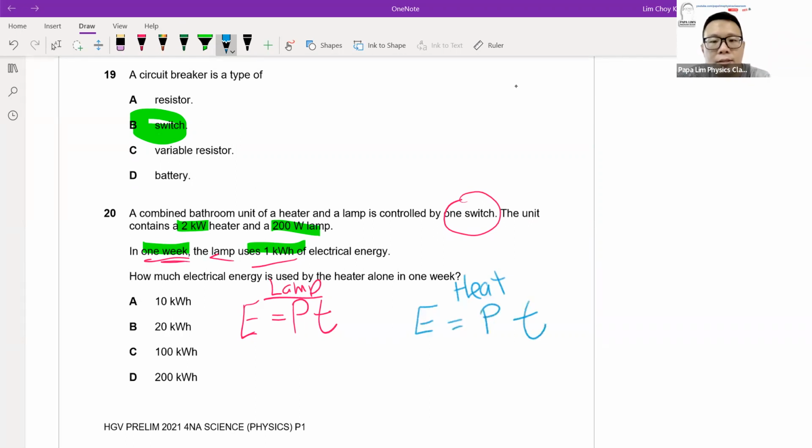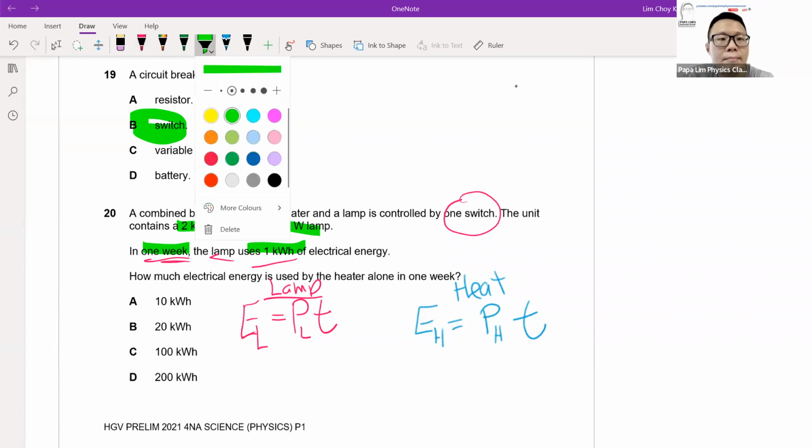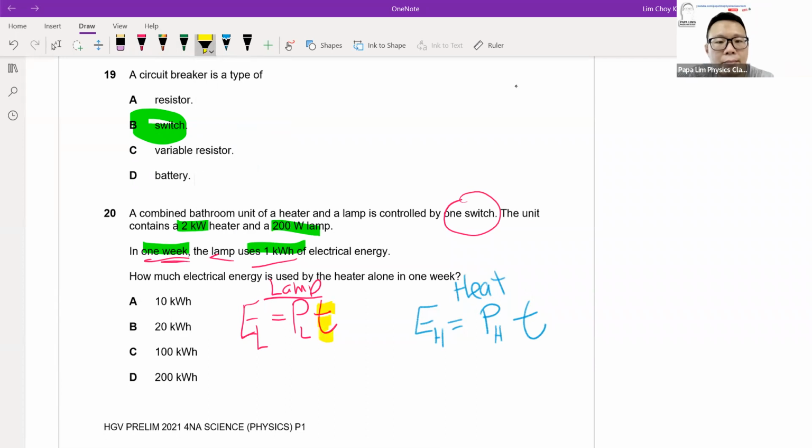If this is the heater, the energy used by the heater; if this is the lamp, this is the power of the lamp, the energy of the lamp. But one thing common among them is that the time between them is the same. So I would definitely need to know the time first, because the question asks for the energy by the heater. So to find EH, I would definitely need to know the time spent first.